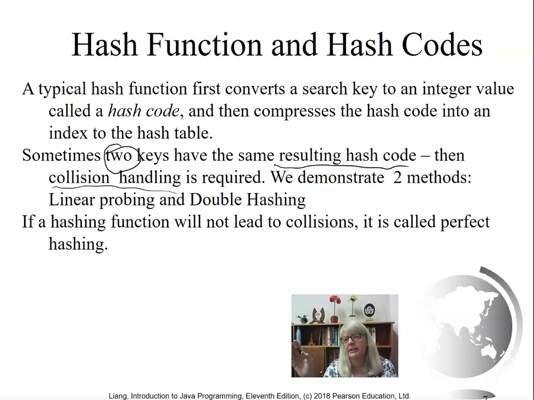The textbook explains a number of them, but the idea is more important. Now, you can have a hashing function that will never have a collision, like an ID number, because the ID number is unique. But then you need a very long array, and that is called perfect hashing. The problem is you have a lot of open spaces in a perfectly hashed array.